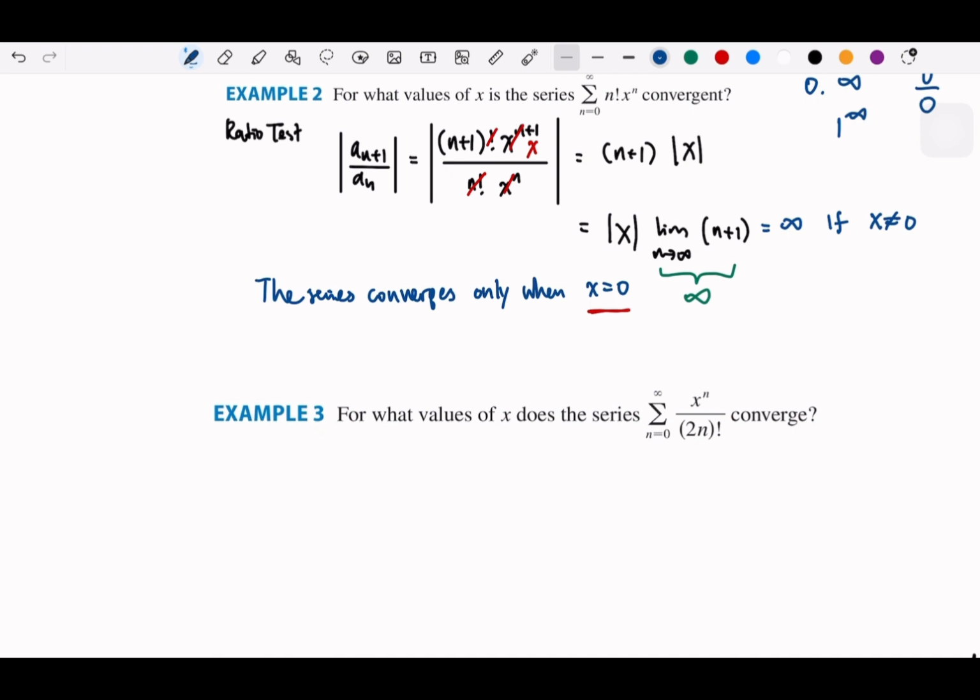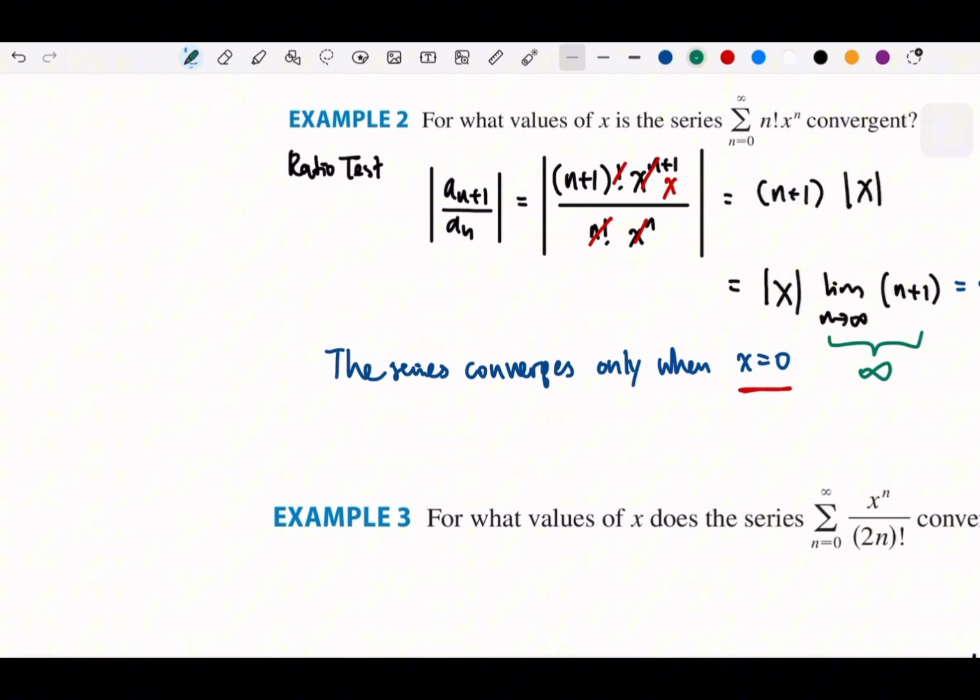How do you cancel the factorial? Okay, let me write here. So n plus 1 factorial is n plus 1 times n factorial, right?